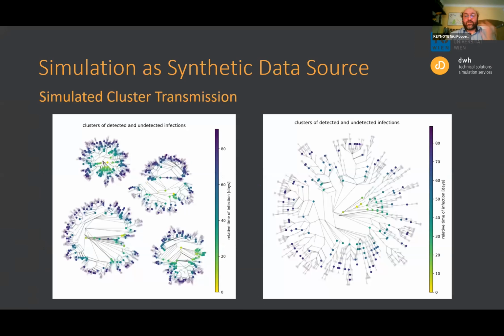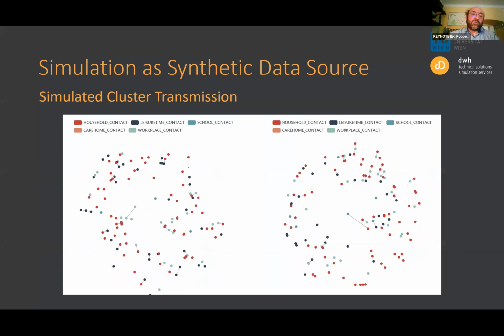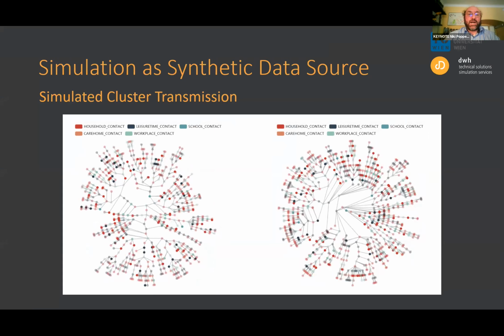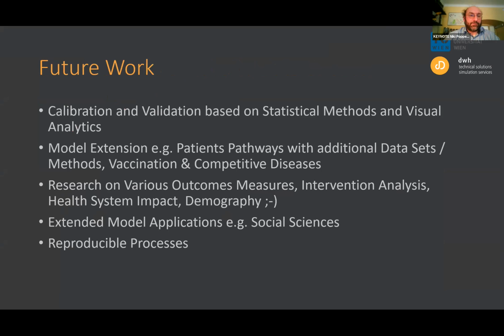So one concept could be to make an analysis on the cluster development. If you see the example here, this is what you would see in real world, so if you have the real health system, and that what happens behind in the simulation. And of course, this could be a possibility for research groups, for example, who are working on the DNA sequencing to learn additional things.